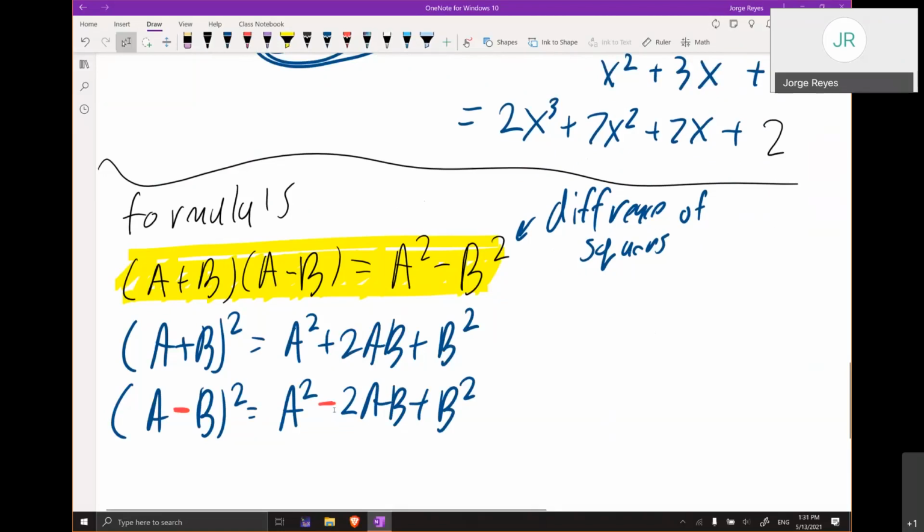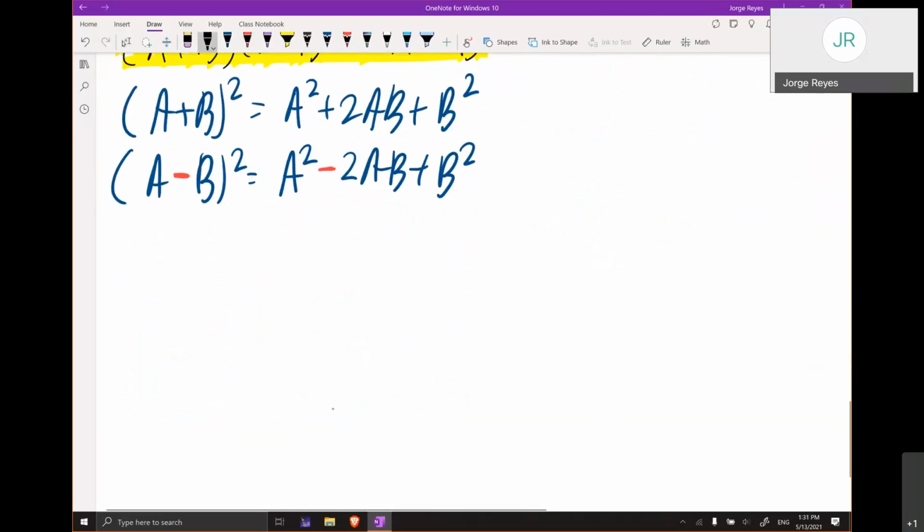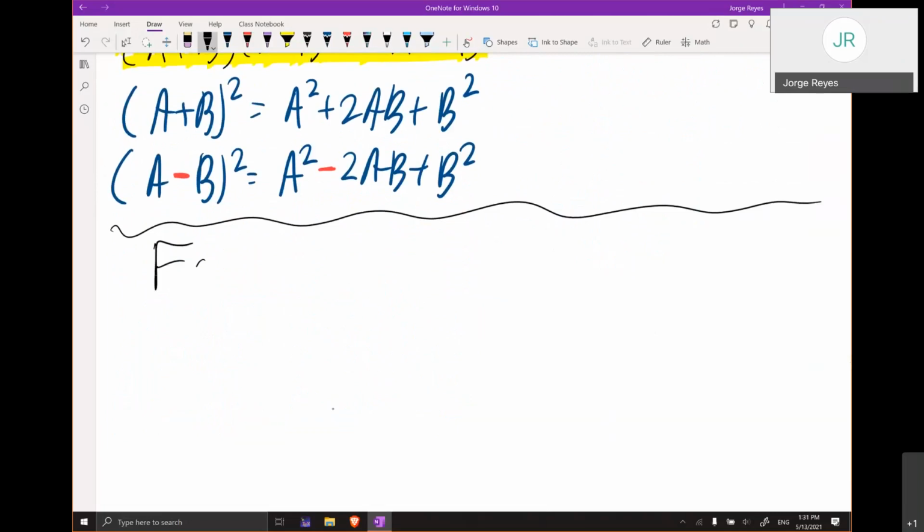All right, and now we're going to move on to the main point of the section, and that is factoring. You need to become pretty good at factoring.